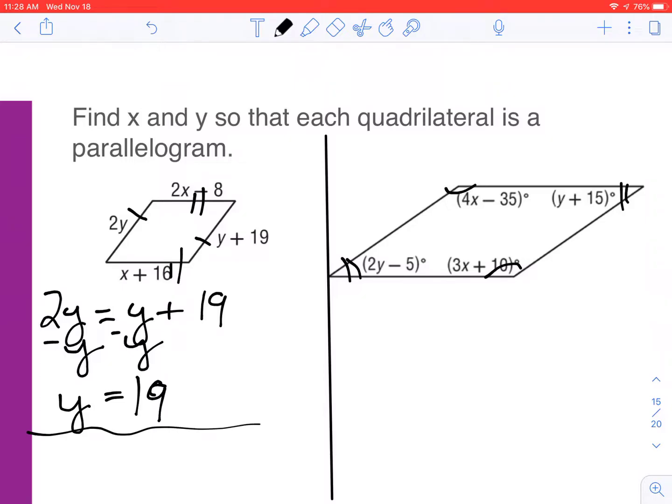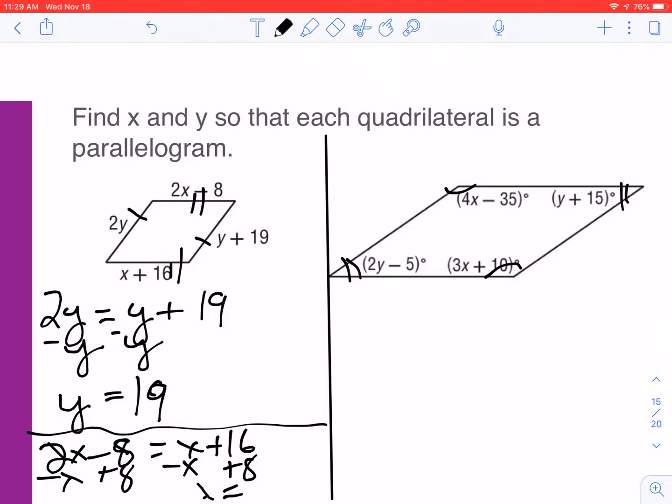And then I have 2x minus 8 equals x plus 16. Because I'm running out of room, I'm going to do this like this. I'm going to subtract x from both sides and add 8 to both sides. So x will equal 24.